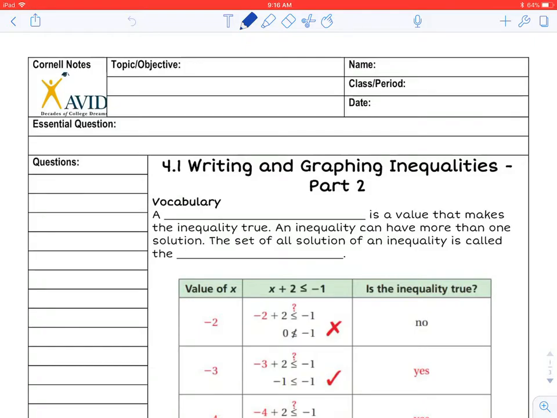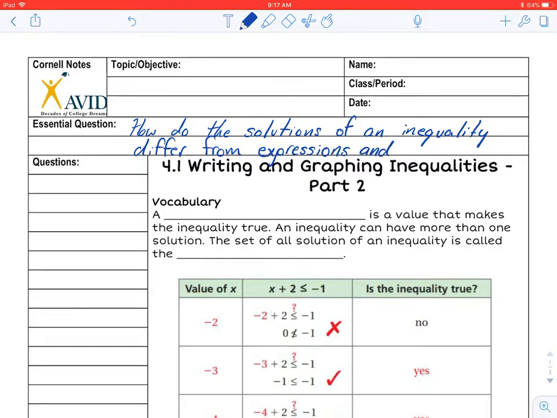So a good central question to start us off with today is: how do the solutions of an inequality differ from expressions and equations?